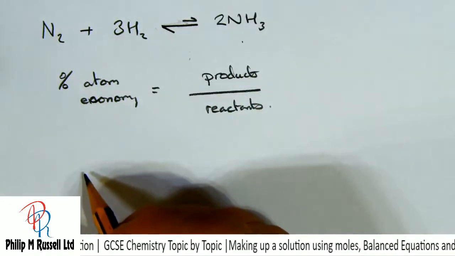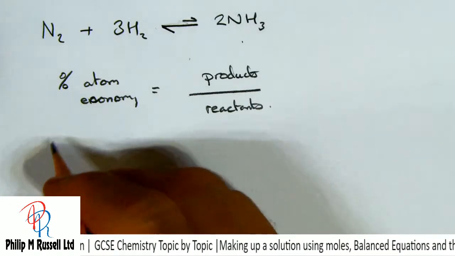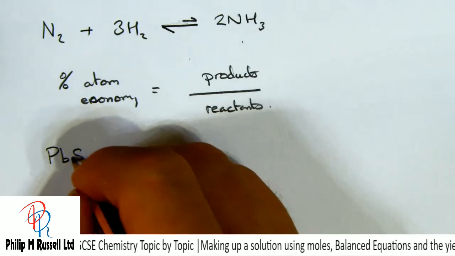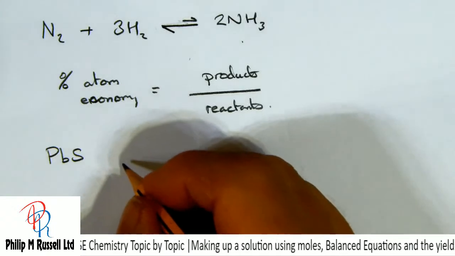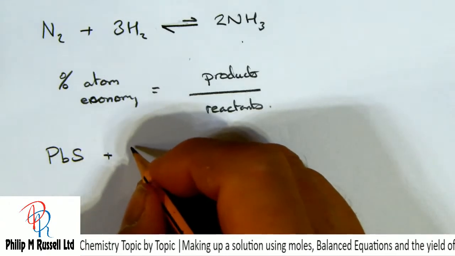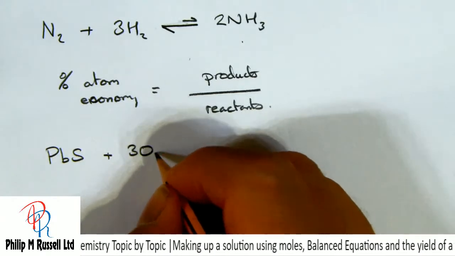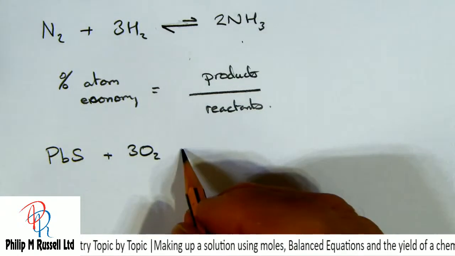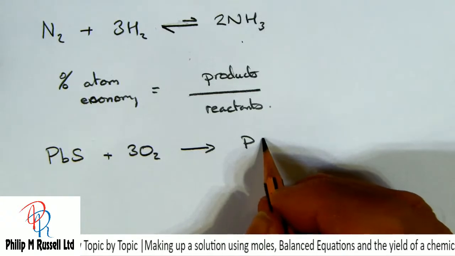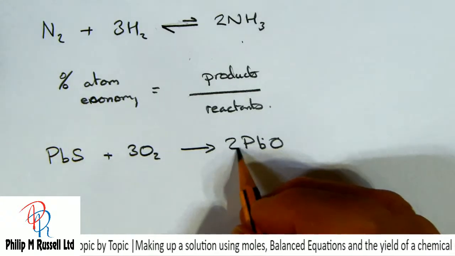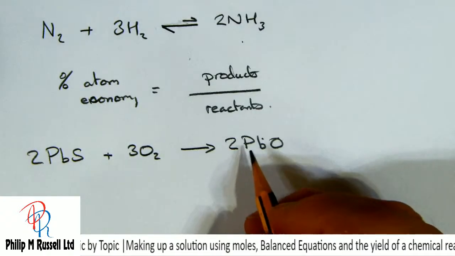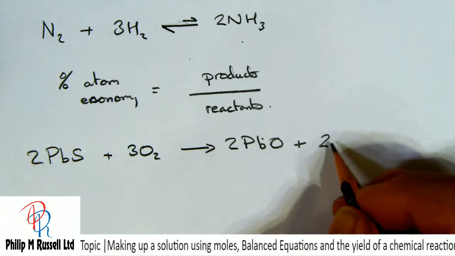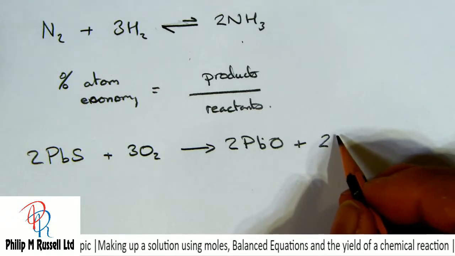Let's suppose we've got something like lead sulfide. And lead sulfide I'm going to heat up with some oxygen, 3O2, and this is going to give me lead oxide. I'm going to have two of those, plus I'm going to make two SO2s.